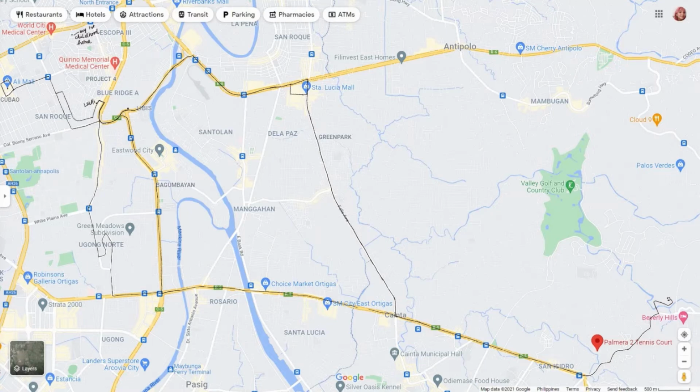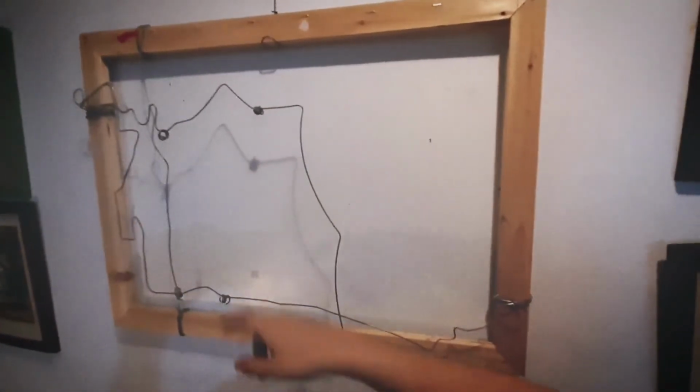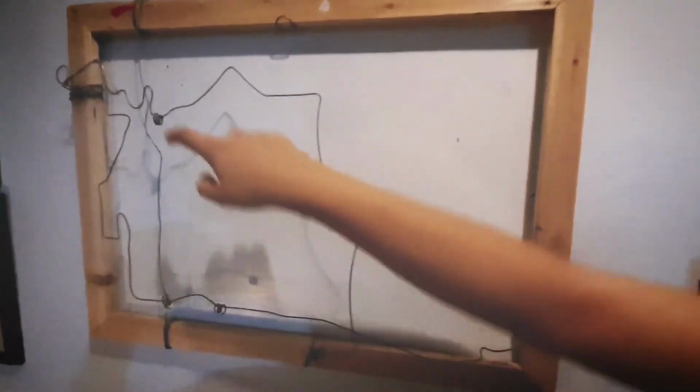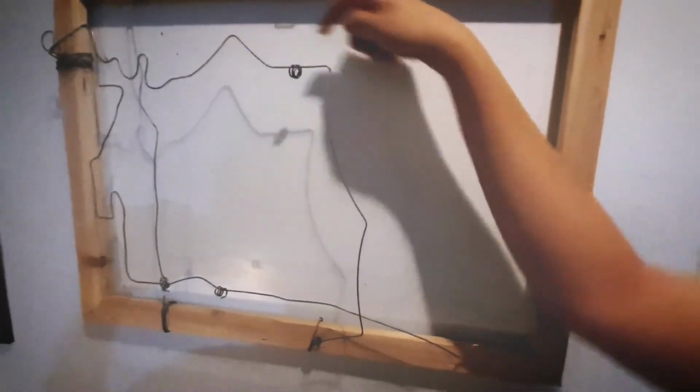So I'm going to play a video of me interacting with my work. As you can see, there are wire loops here, and they symbolize a person that is moving and traveling. So I guess basically it represents me, or maybe anyone else who travels. So you can move it around.